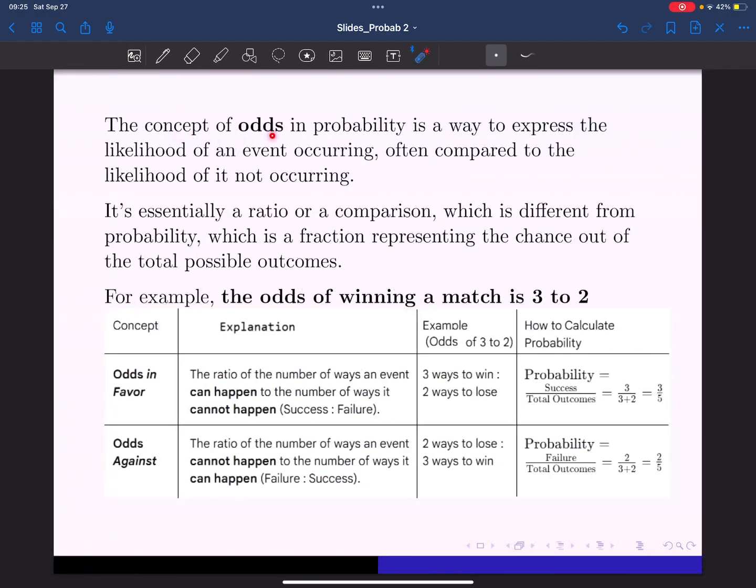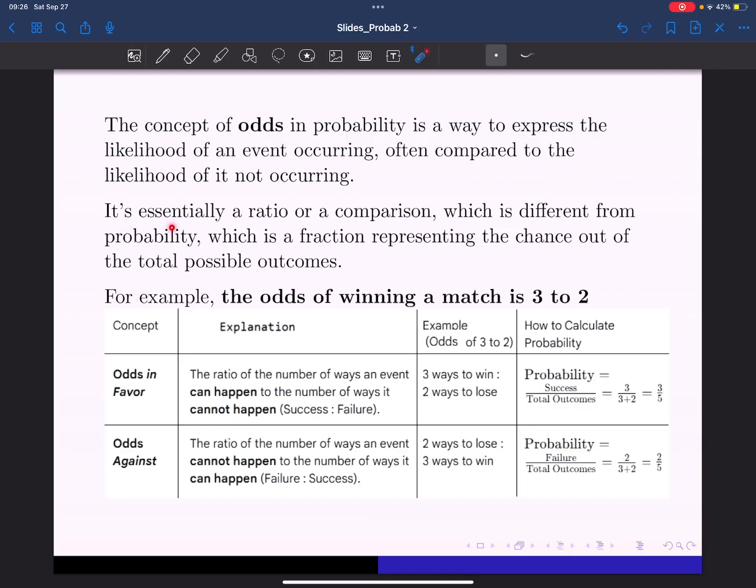The concept of odds in probability is a way to express the likelihood of an event occurring, often compared to the likelihood of this event not occurring. So odds are listed as a ratio comparing the occurring to the not occurring.